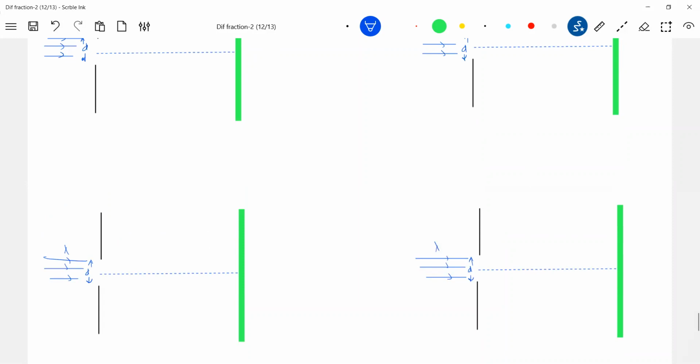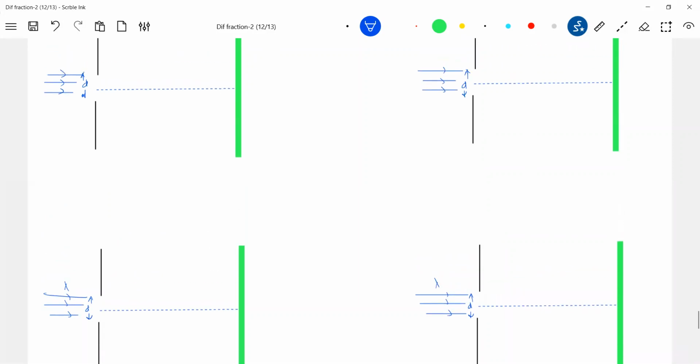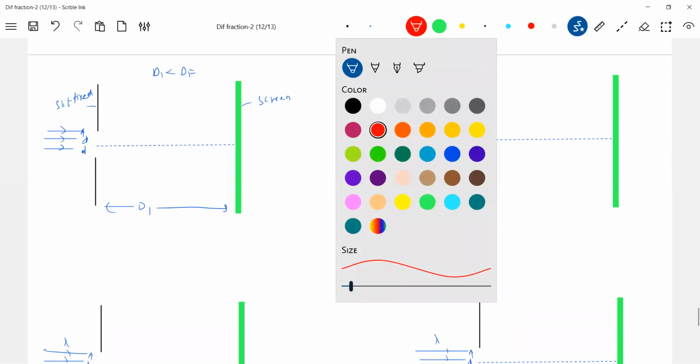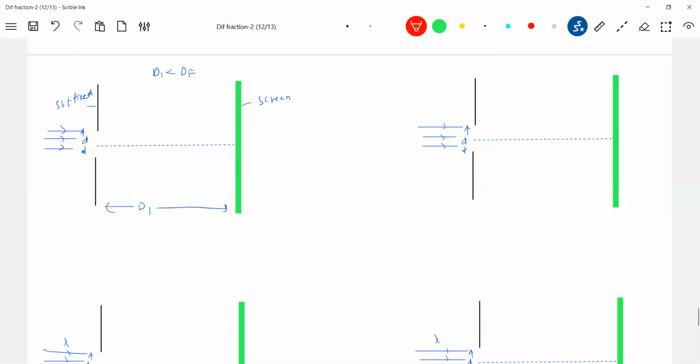The first thing: there's a distance, I'll call it D1. The slit is fixed here, and I'm going to vary the distance between the screen and the slit. So if D1 is less than DF, the first condition, because the distance is less than the Fresnel distance, we are not going to change the slit.